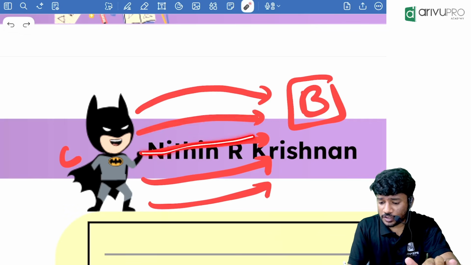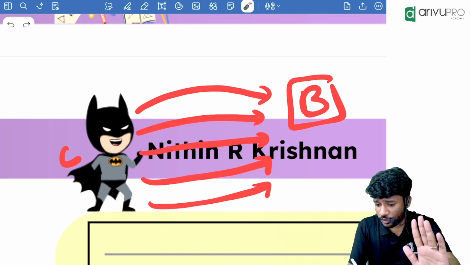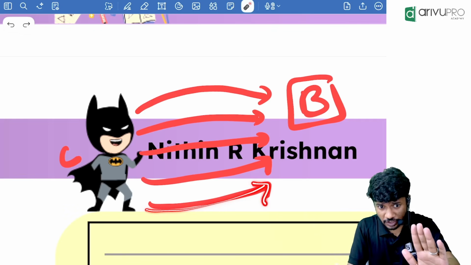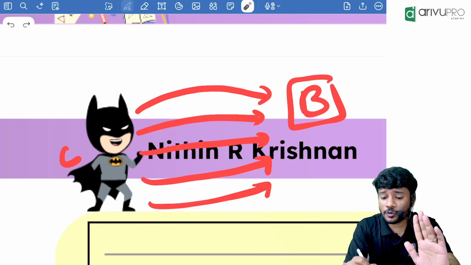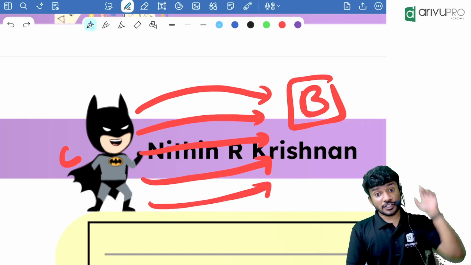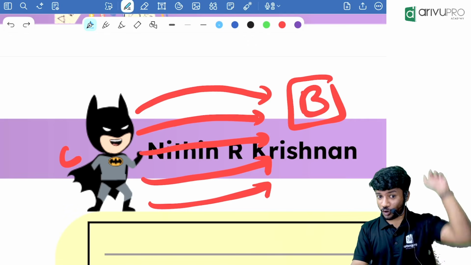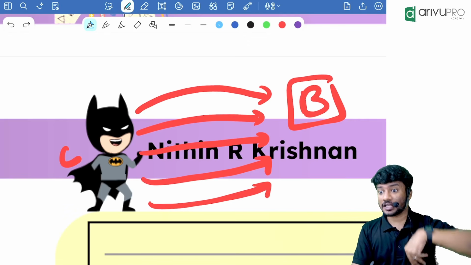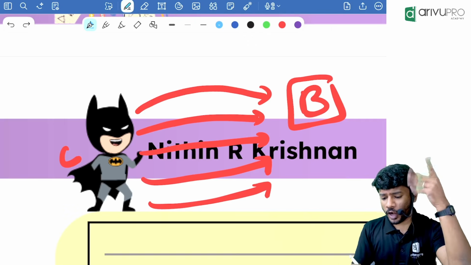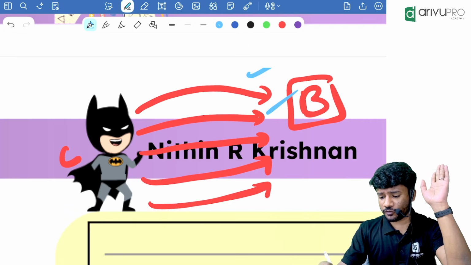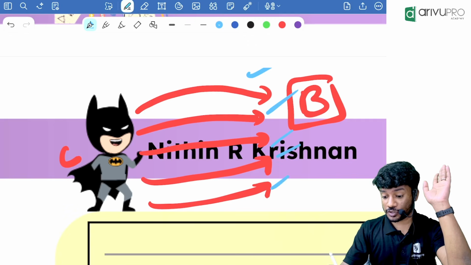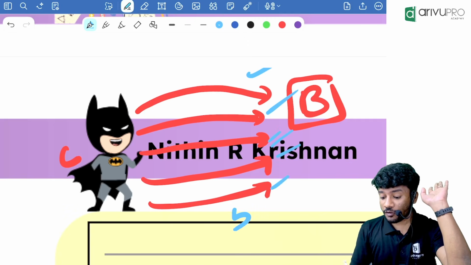No. He took the third way. While coming back, can he take the same way? No. Fourth way, can he take the same way? No. Fifth way, can he take the same way? No. Now my question is, first he should go there and come back. Correct? First he should go to Bangalore and come back. Now, going to Bangalore, how many options are there for him? How many options are there? 5 options are there.